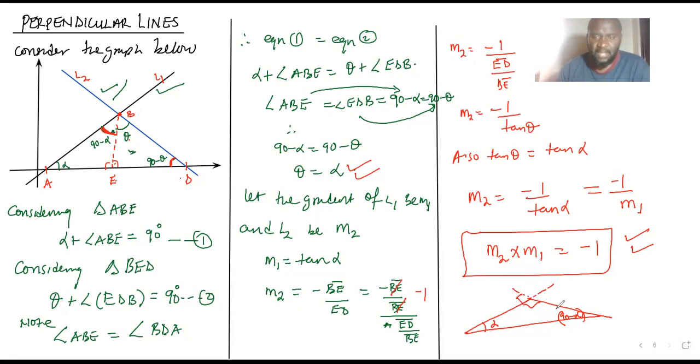Now, because this is 90 minus alpha already, if this one is split, and the angle down here we saw as 90 minus theta, okay? This one also will be 90 minus what? Alpha. Now, because this is 90 minus alpha, and we have also seen that this is also 90 minus alpha, hence 90 minus alpha is equal to 90 minus theta.